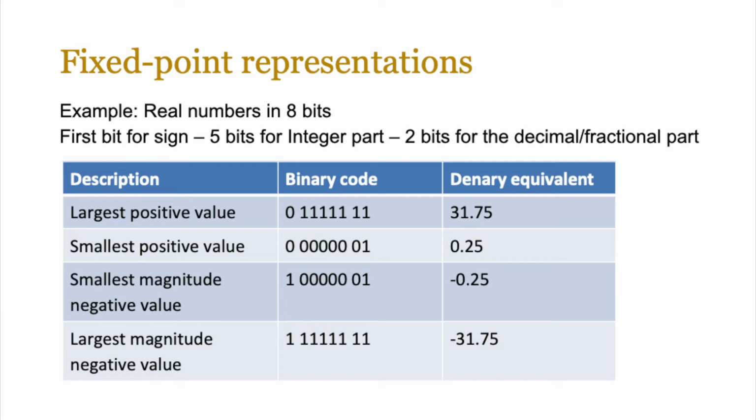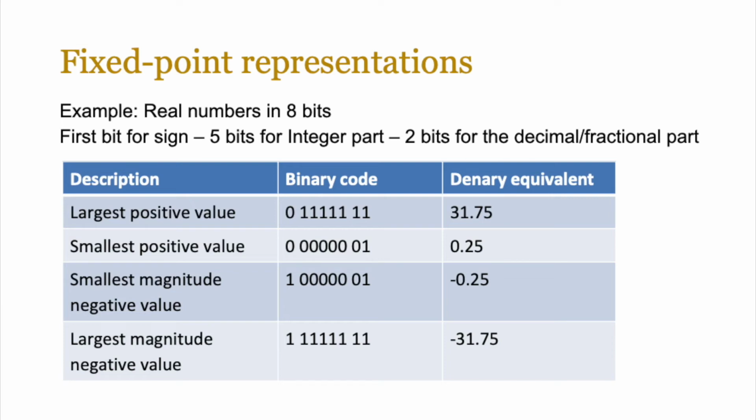Now, what about negative values? Because we're using this way of representing real numbers, we can also have negative numbers in the same 8-bit system. So in this case, the smallest magnitude negative value would be 1, all zeros, and then 0, 1 for the fractional part, which is the equivalent of minus 0.25.